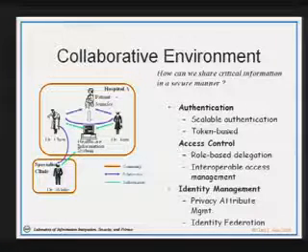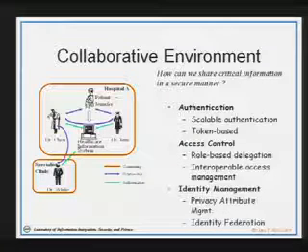Now, once we finish that part, definitely we have to look at access control, because authentication can allow you to determine who the user is, but without access control, you cannot determine what kind of privilege has been assigned to the user. So we have to have access control. And we look at the various access control models.